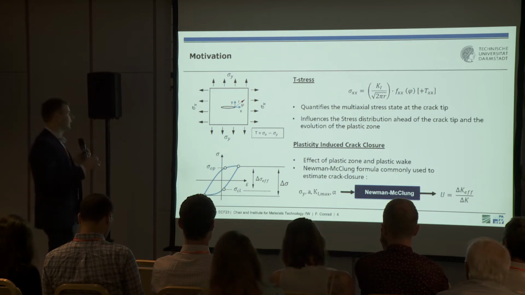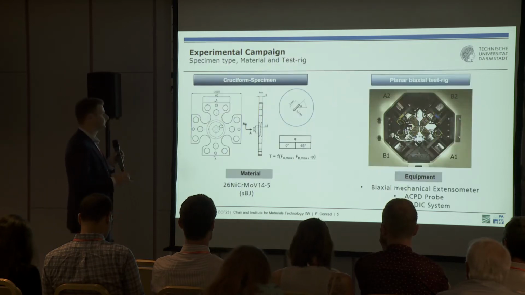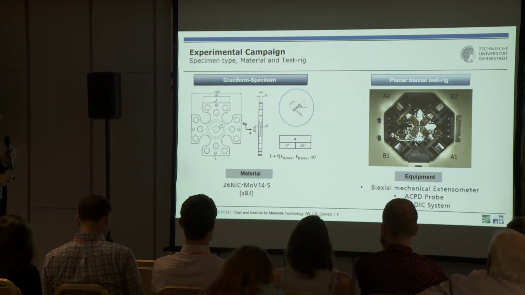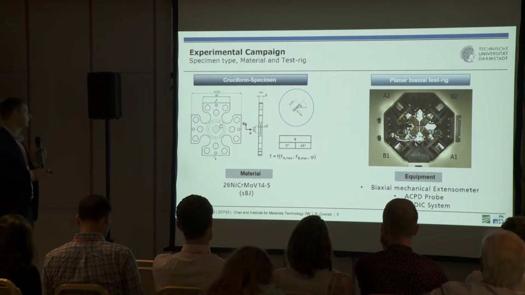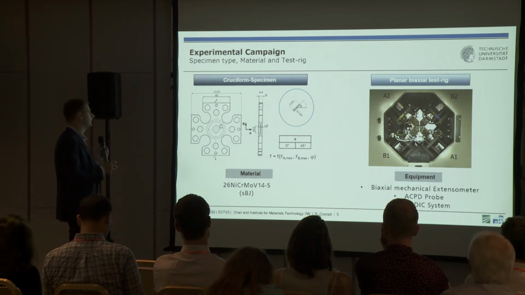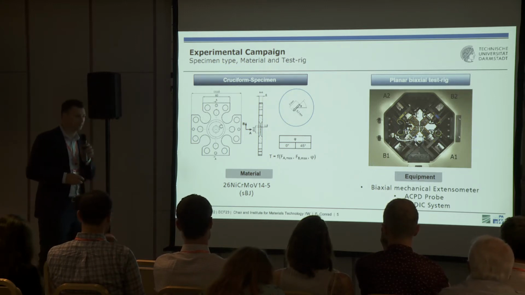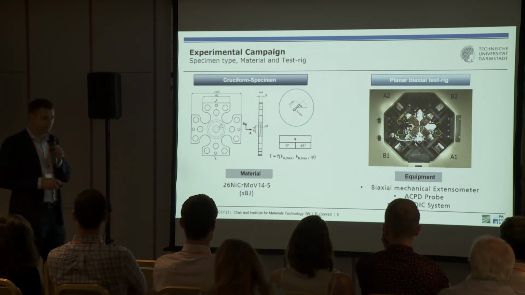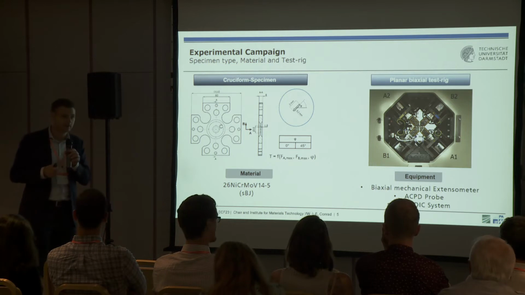So we were looking at these parameters with a certain investigation using cruciform specimen. So this is our, let's say, in-house geometry with 110 times 110 millimeters. We have a center of a diameter of 15 millimeter and a thickness of 1.8 millimeter.